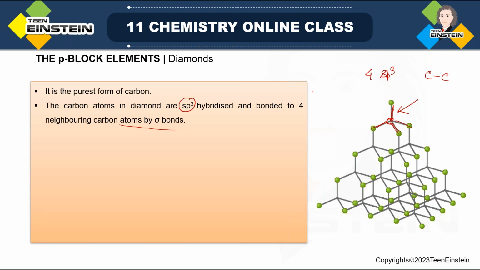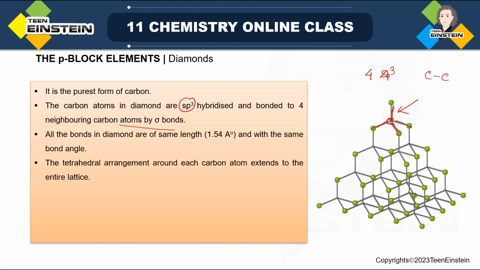Next, you will see all the bonds in diamond are of the same length, that is 1.54 angstrom.